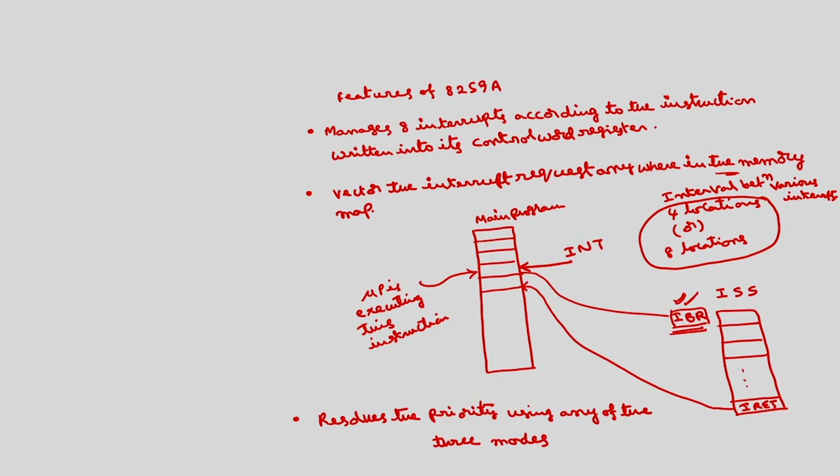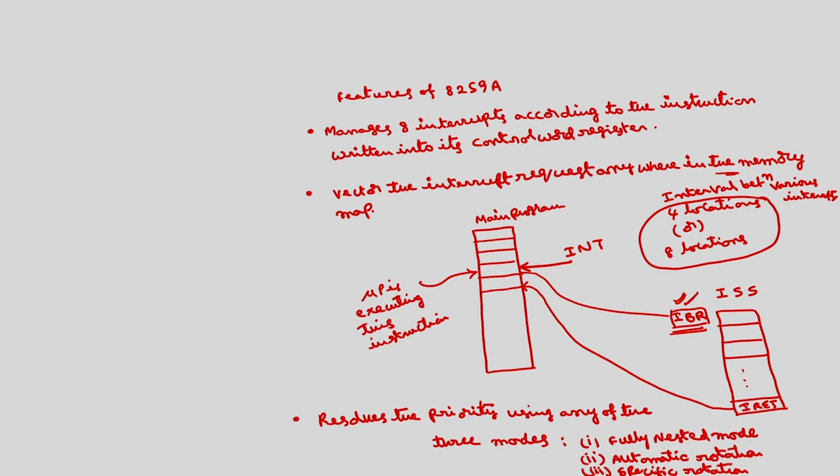One is called fully nested mode, the second is automatic rotation mode, and the third is specific rotation mode. What are the fully nested mode, automatic rotation and specific rotation?